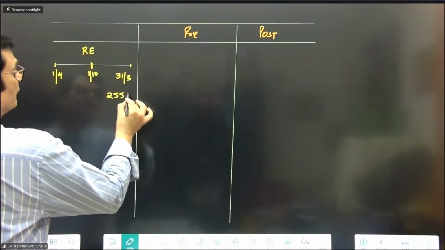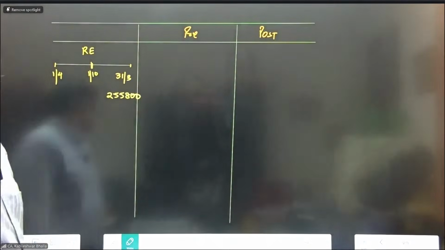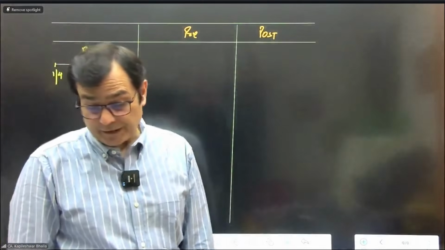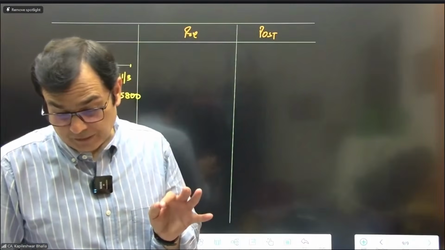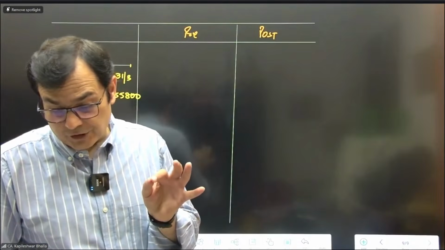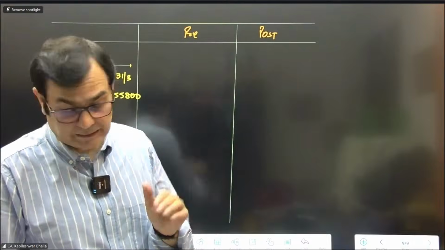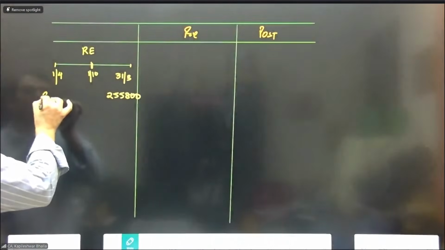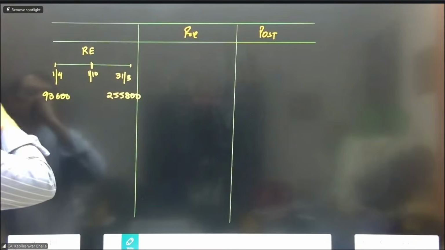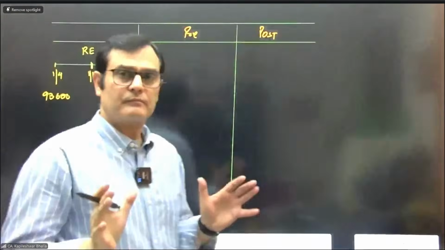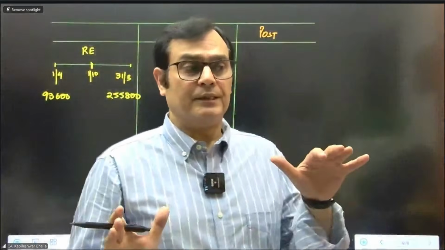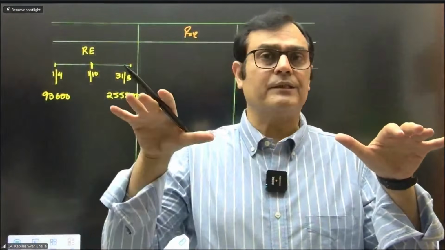And if you look at the retained earnings, it's given in point number 2. Retained earnings on 1st April 17 is 93,600. Now here becomes a little crucial point. You are given the retained earnings at the beginning and you're given the retained earnings at the end.